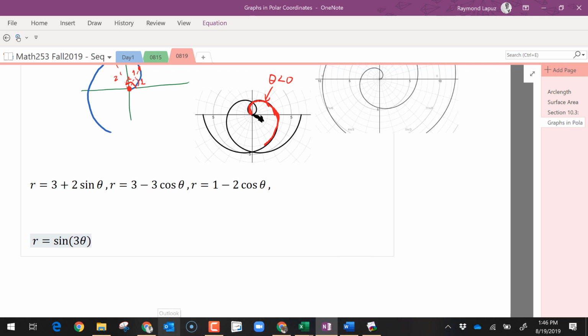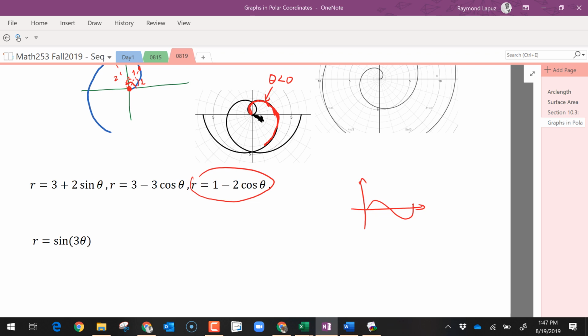I think it's kind of fun to draw this out first in Cartesian coordinates. Like, let's take a look at this. 2 cosine, so the cosine goes like this, you stretch it by 2, and then you reflect it. So that's a negative 2 cosine theta, and then you move it up by 1.